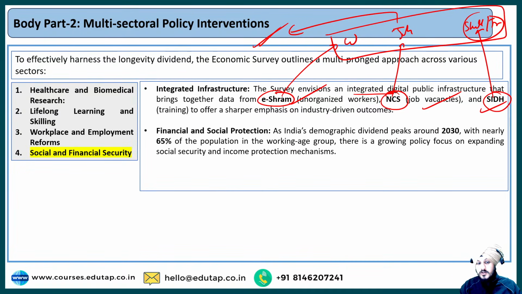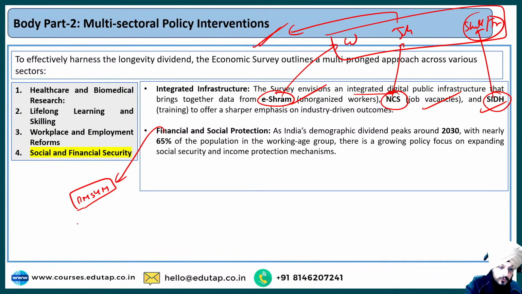Apart from that, it talks about the financial and social protection also. It says that as India's demographic dividend peaks around 2030 with nearly 65% of the population in the working age group, there is a growing policy focus on expanding social security and income protection mechanisms. So it talks about initiatives like, for example, Pradhan Mantri Shram Yogi Mandhan Yojana, right, which provides a pension for the unorganized workers.